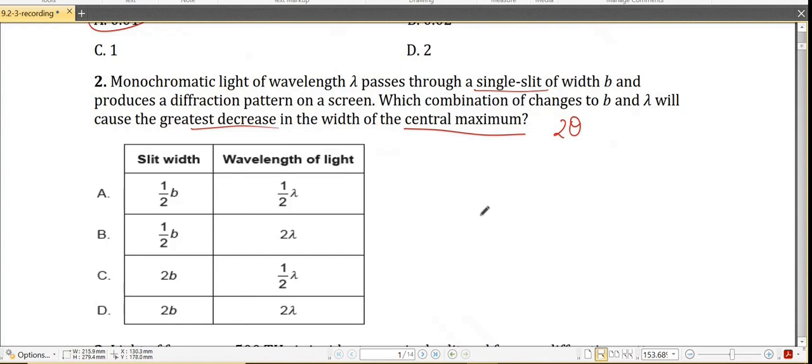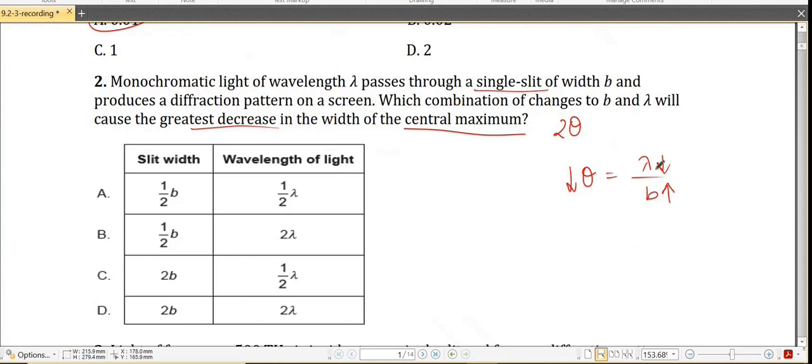All right. Our equation is again theta equal to lambda upon b. Now the question is, it has to get decreased. If theta has to be decreased, which means lambda has to decrease or b has to increase.